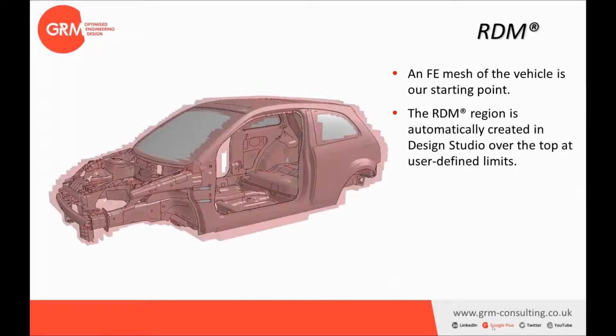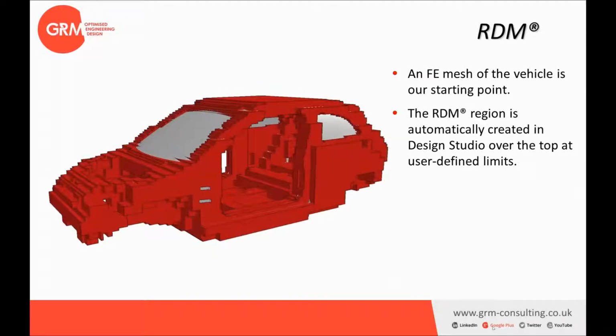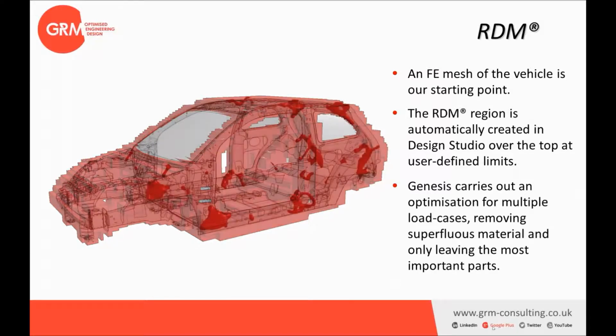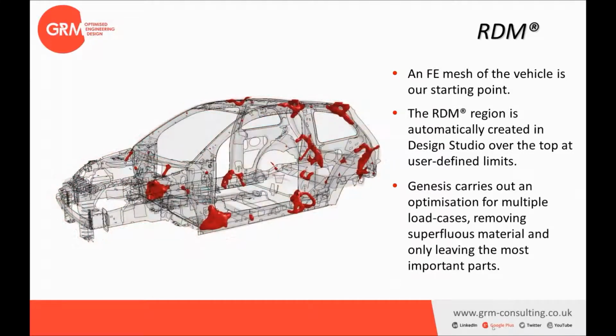We then created an RDM region around the structure, which has been automatically connected to the body in white. After running the optimization for the two load cases, modal analysis and static torsion, Genesis has removed the superfluous material and left only the most important parts.